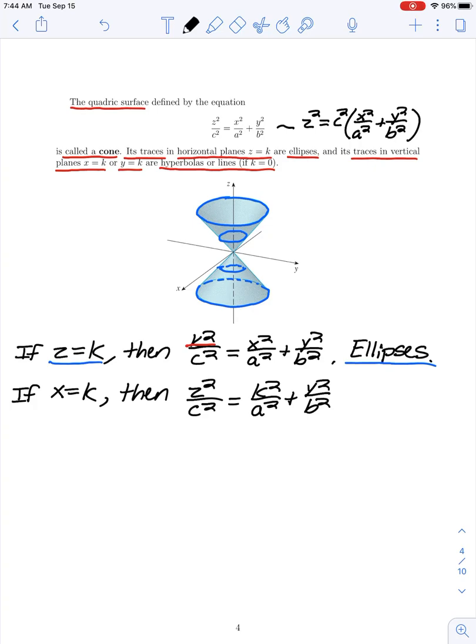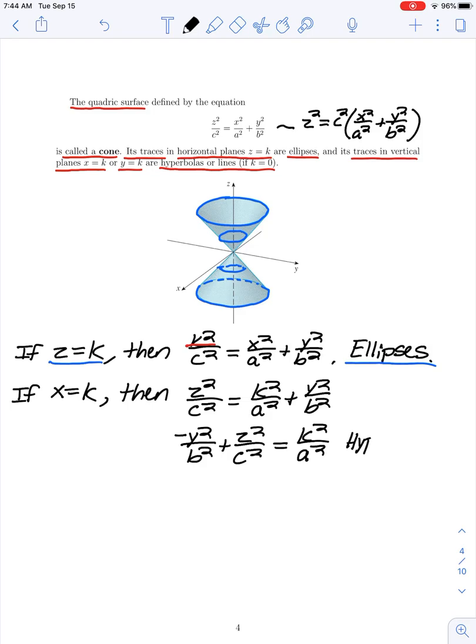If we rewrite this a little bit, moving all of our variables to one side, I would have negative y squared over b squared plus z squared over c squared is equal to the constant value k squared over a squared.